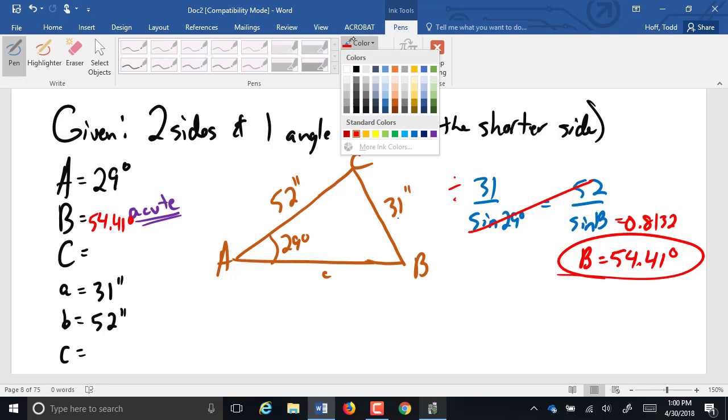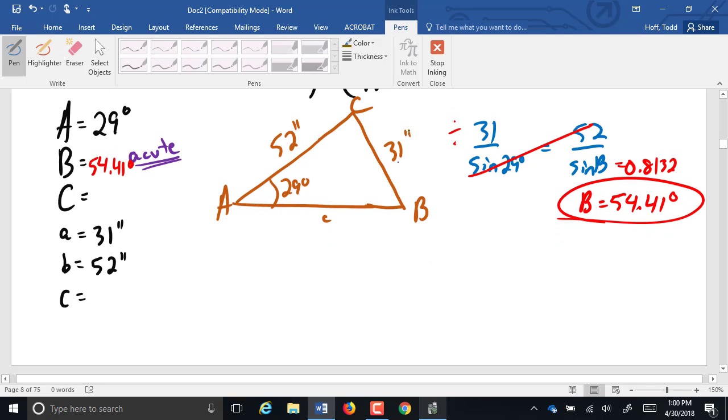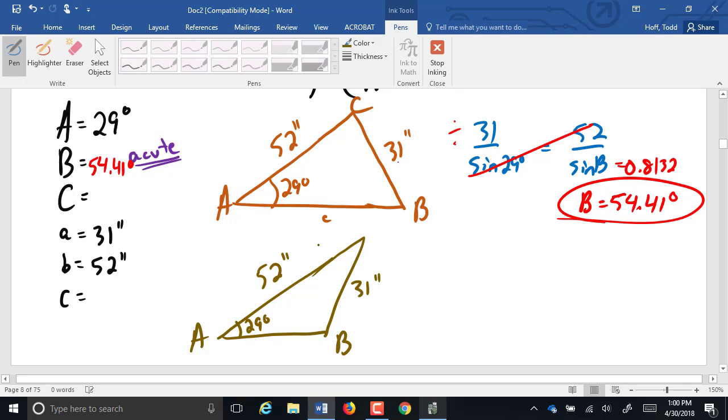What if I told you that B was obtuse? So given those same measurements, A is 29 degrees, side little a is 31 inches. Here's B, this is 52 inches. Here's big C and little c.